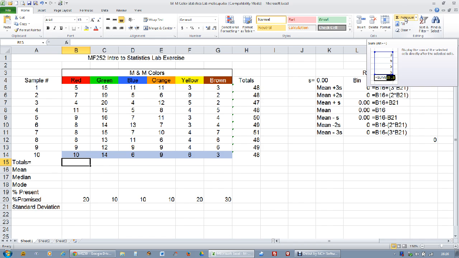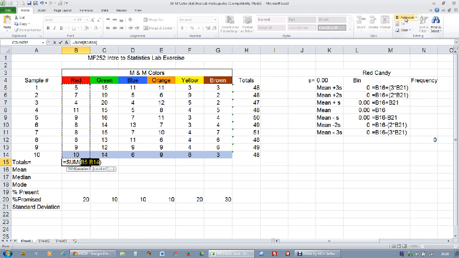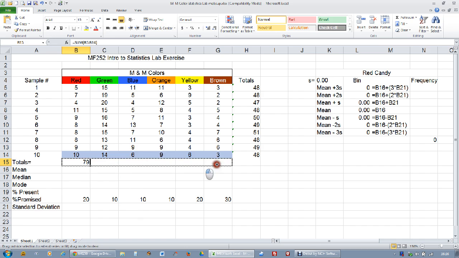Slightly different, but not very much. So I'm just going to go ahead, click auto sum. It's already going to give me these columns. I'll hit enter, and you can see I have 79 total for the class. I'm going to just scroll all the way across, and for all 10 samples we have a total of 486.